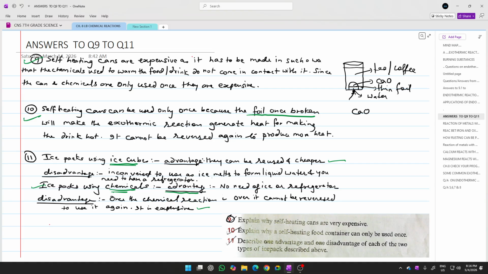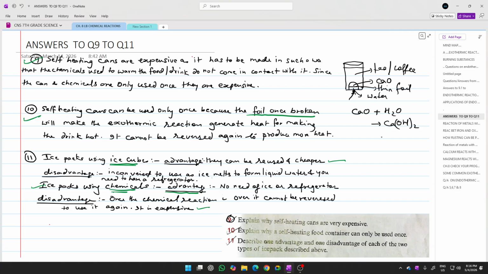Now I will write the formula, though you don't have to write formulas. Calcium oxide's formula is CaO, and that reacts with the water, and in the process calcium hydroxide is formed, Ca(OH)2.